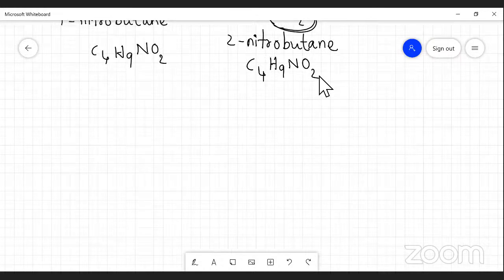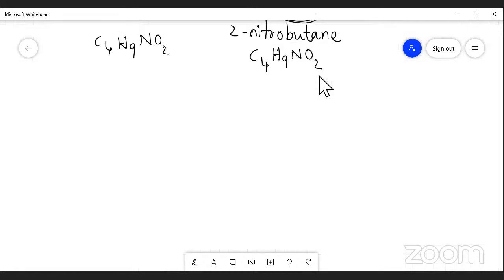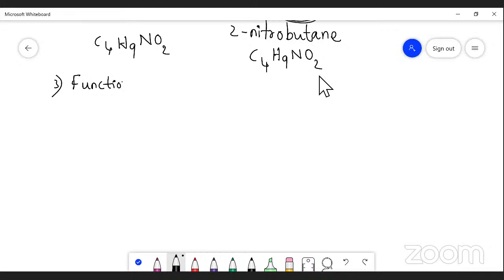Okay, so two isomers we have just completed. One is chain isomerism, and the second one is position isomerism. And third, we are going to see functional isomerism. What is functional isomerism?